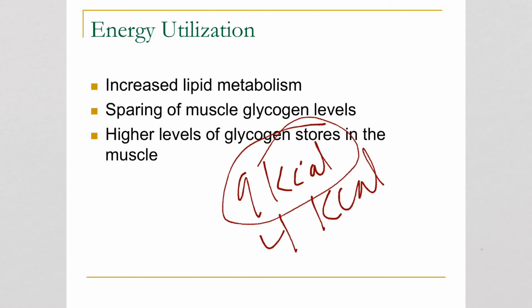Now, it takes more time to do that, and it takes more energy to do that, but the payoff is better. And if we can use fat longer, we can wait to tap into our glycogen and our glucose in our blood and in our muscle.